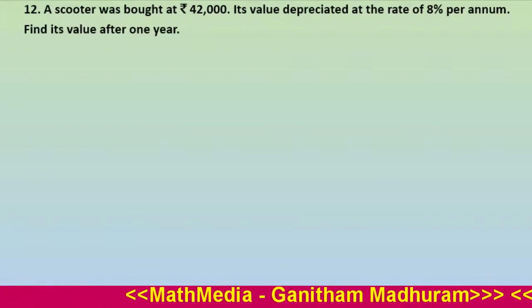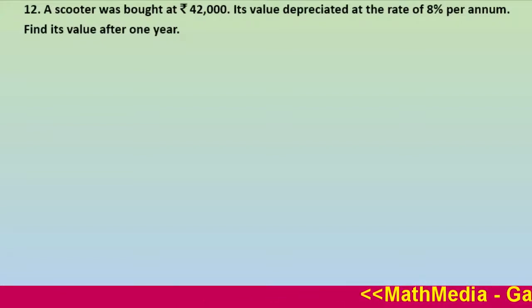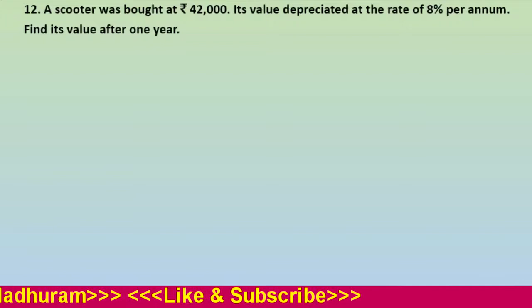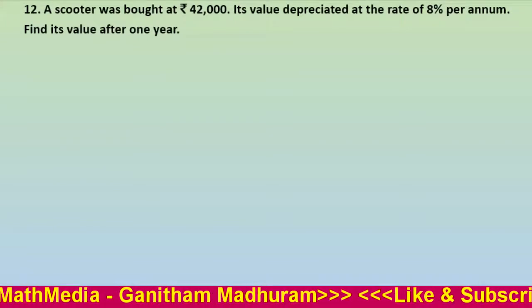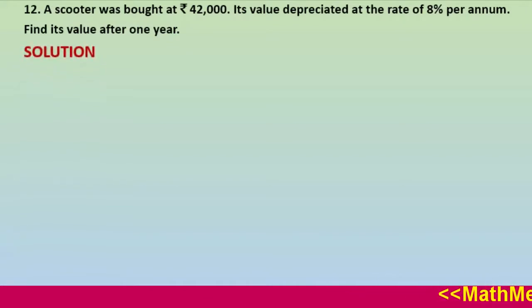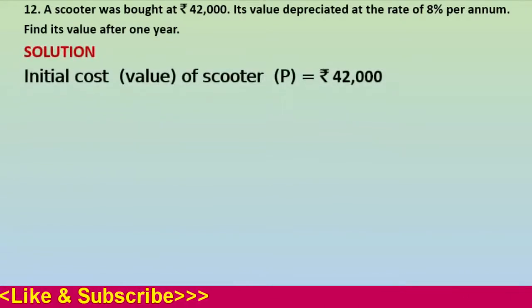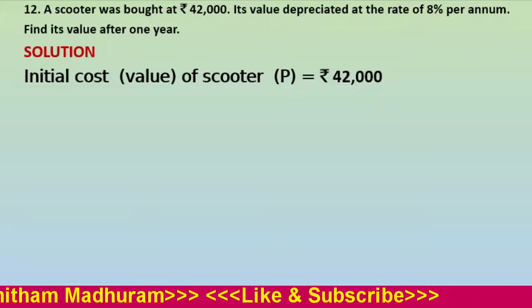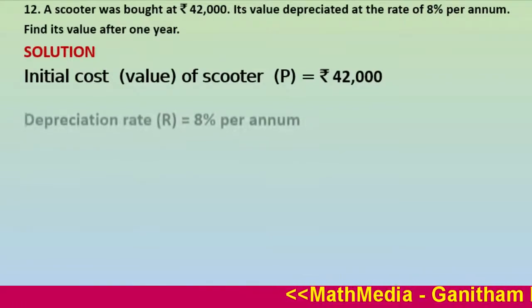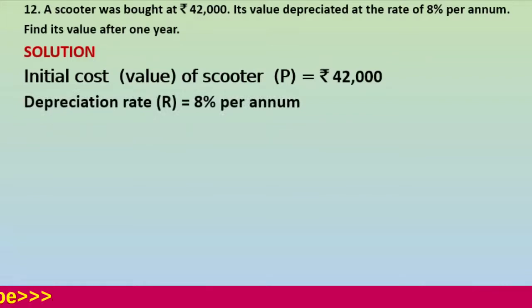Our formula becomes A equal to P into 1 minus R upon 100, whole raised to n. Here it is given the scooter was bought at rupees 42,000. So our principal is rupees 42,000, that is the initial cost of the scooter. And the depreciation rate is given as 8% per annum.